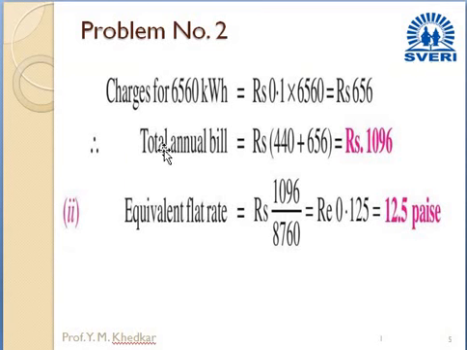Now the total annual bill will be 440 rupees plus 656 rupees, which is nothing but rupees 1096. And the equivalent flat rate, or the price per unit, is going to be rupees 1096 divided by the total number of units 8760, which will be 0.125 rupees, means 12.5 paise.